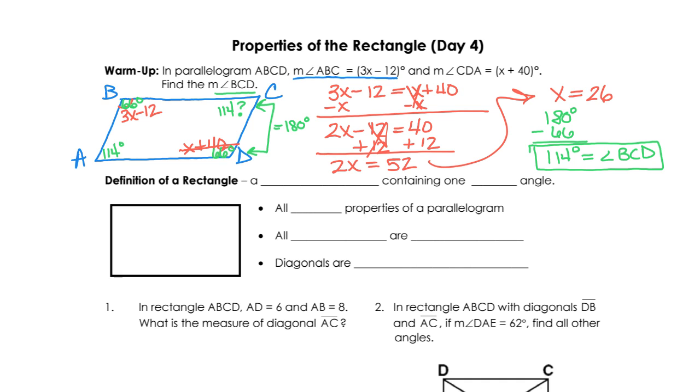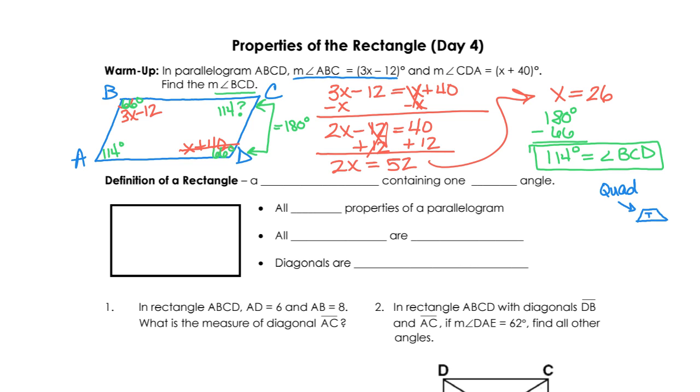All right, so we got to talk about the rectangle today. So just real quick off to the side, let's not forget about our quadrilateral family tree. So if you're a quad, you just have 4 sides. If that 4-sided figure has a pair of parallel sides, this becomes a trapezoid. Okay?